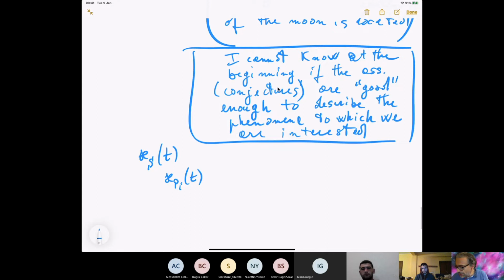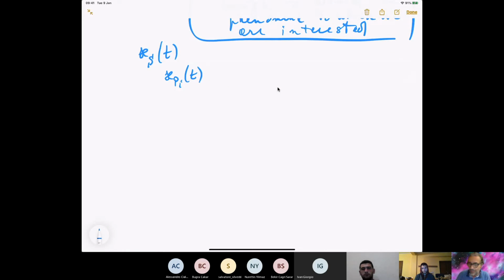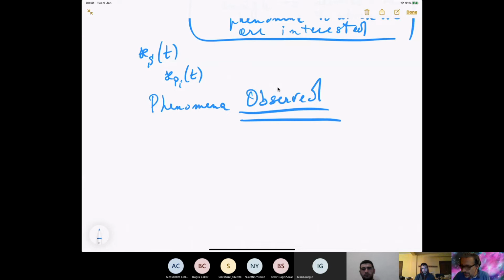Why? Because let us see the appearances. The phenomena observed are: the sun is arriving from east and then falling down on west.